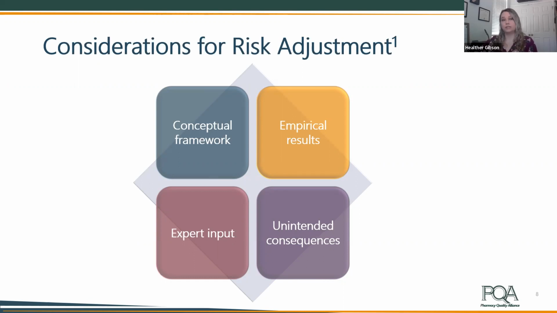Another potential unintended consequence is perpetuating disparities in care by reducing incentives for providers to address these disparities. And overall, we really are looking for a balanced and thorough consideration of the pros and cons that are critical to deciding if and how to risk adjust within quality measurement.